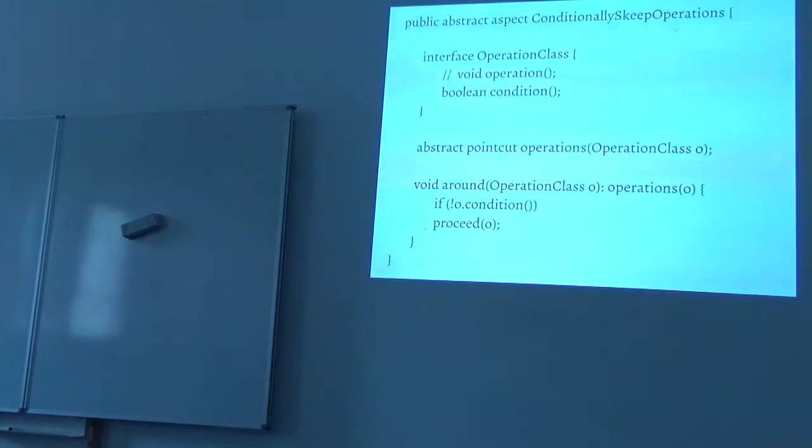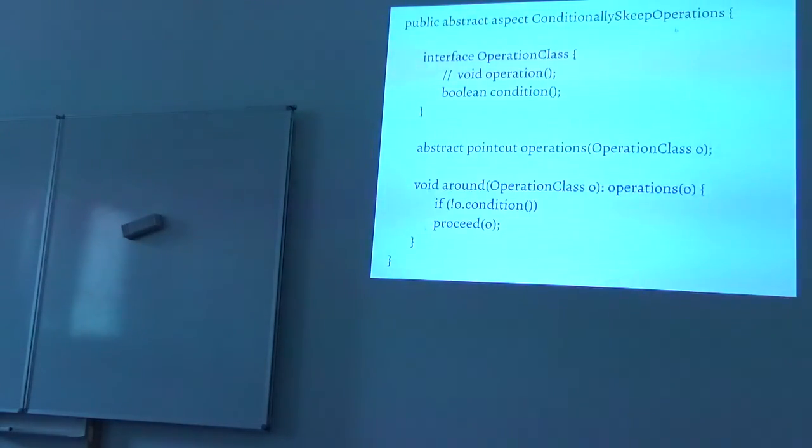So this is conditionally skip operations. I would not say this is exactly a use case, but we can imagine that Alistair Cockburn talked about use cases of different levels, and one level is the user goal level. This level is our primary interest, but there are those sub-functions, deeper functions, and you can even represent as use cases some things that you would not imagine being of interest to the end user.